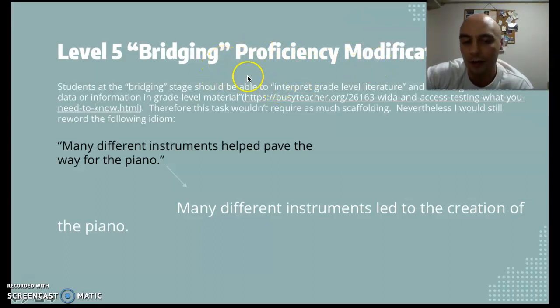So I reread the passage, and I figured I wouldn't really change much except for this idiom, because I know that even for advanced second language speakers, idioms can be confusing, and it's not a bad idea to exclude them when you can. So I took out "pave the way for the piano" and just changed it to many different instruments led to the creation of the piano.